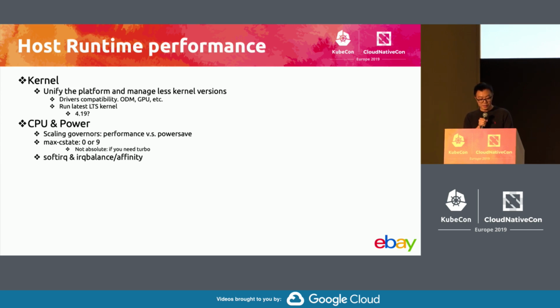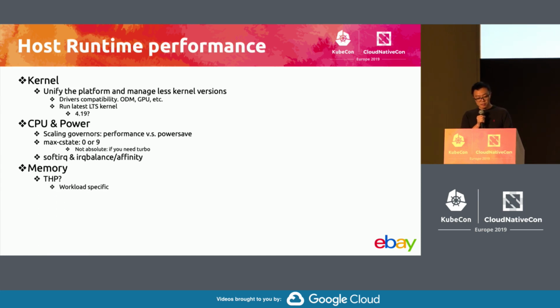And we found it interesting that there's a max C-state. We always wanted to set it as 0. But it's not absolutely true that 0 gets you more performance, because you always think about some use cases that are super heavy, and then they need to use a lot of turbo from the CPU. So basically what we found is that setting it to 0 is actually way less performant than the default 9 for max C-state when it comes to the turbo use case.